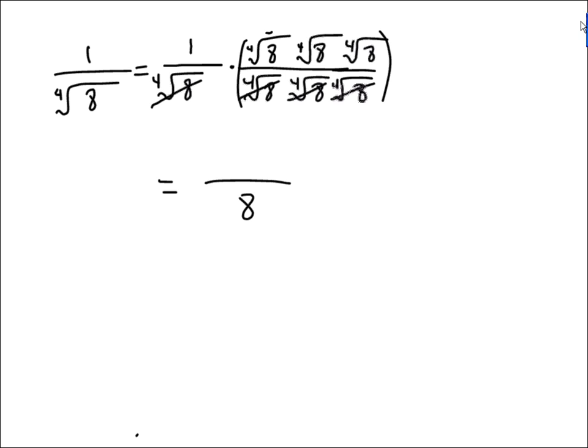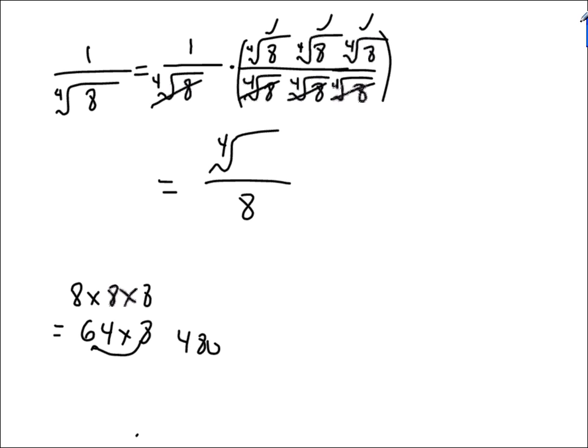And the 4th root of 8 times the 4th root of 8 times the 4th root of 8 is the 4th root of 8 times 8 times 8. 8 times 8 is 64 times 8 is, 8 times 60 is 480, and 8 times 4 is 32, so it's 512. And 1 times that is just that. So it's the fourth root of 512.